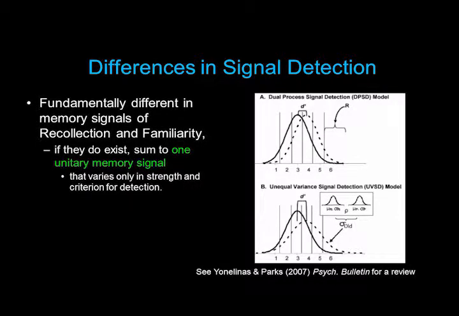But then the dual process view is characterized here, up on top, where you have old and new discrimination here for familiarity along our confidence scale, but only on the edge here does recollection happen, and it's a threshold idea. That is, it doesn't bleed over into the other confidence levels the way that your familiarity confidence levels will. So that's the basic contrast between those theoretical models of how cognitive psychologists understand human memory.